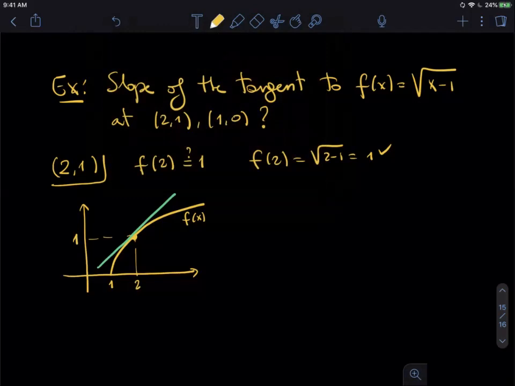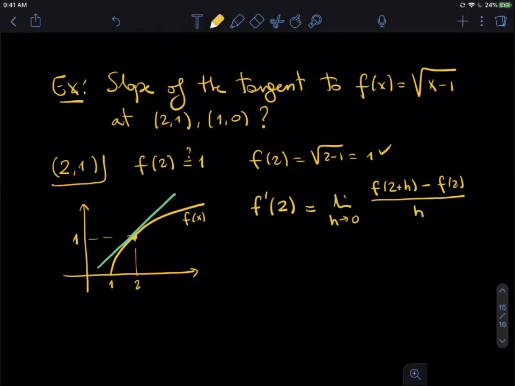Okay, so we have learned that the slope of the tangent to the graph of a function is given by the derivative. So we need to find the derivative of f at 2. And by the definition is the limit as h goes to 0 of f of 2 plus h minus f of 2 divided by h.